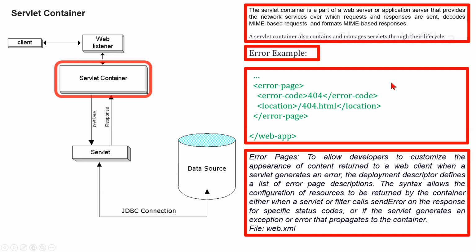Error filters: the error page mechanism operates on the original unwrapped, unfiltered request and response objects created by the container. Some mechanisms may be used to specify filters that are applied before an error response is generated.